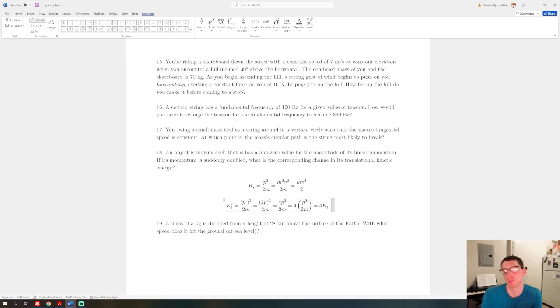So doubling the momentum makes the kinetic energy quadruple. And tripling it would make it 9 times what it originally was, and so forth. So it just depends on the square of the factor by which you change the linear momentum.